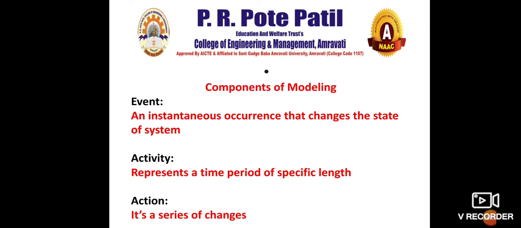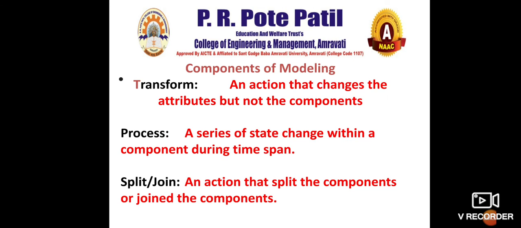So a sudden event changes the system. Or you are riding a bike and suddenly someone comes in between, you pull the brakes at full speed and balance your vehicle. That is an instantaneous occurrence, so it is called an event.